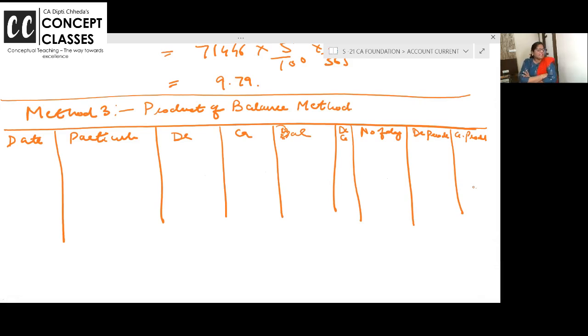Date, particulars, debit amount, credit amount. This is like a routine ledger. Then the balance, and then debit or credit, number of days, debit product and credit product.